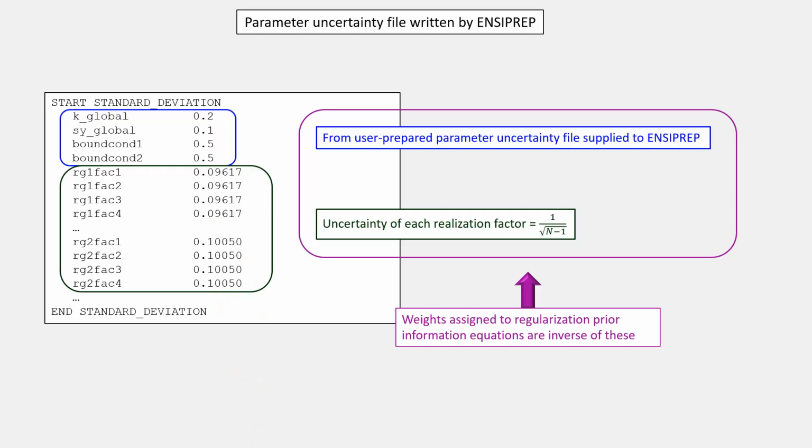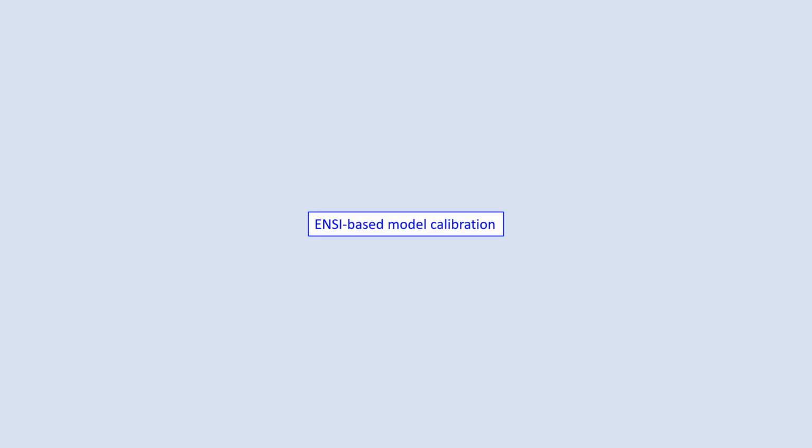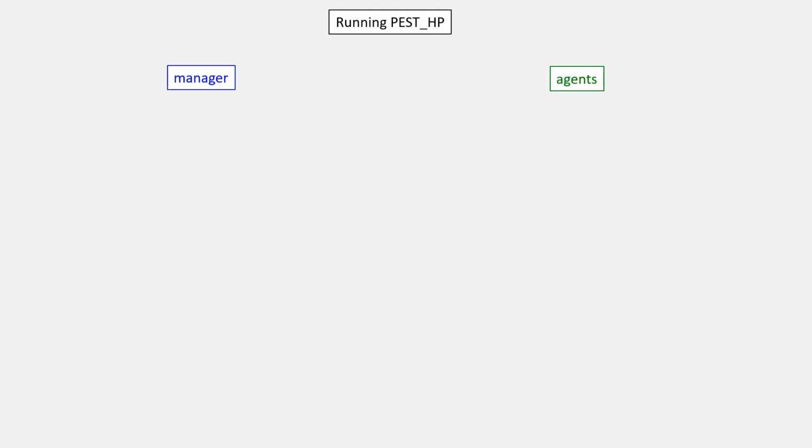So now we're ready. We have everything we need to use ENSI to calibrate our model. And to do that, we'll use PEST-HP. Now, to run PEST-HP, the manager and its agents must run in different windows.